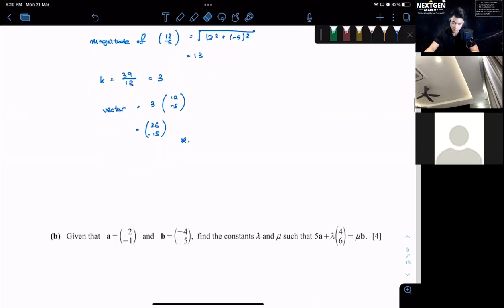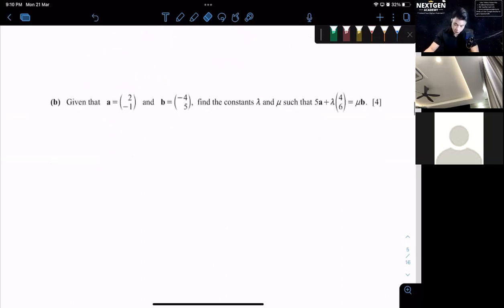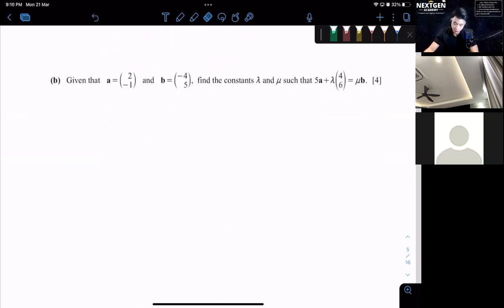Question B. Given that A equals (2, -1) and B equals (-4, 5), find the constants lambda and mu such that 5A plus lambda (4, 6) equals mu B. Okay, easy, this one. So just put inside the equation.